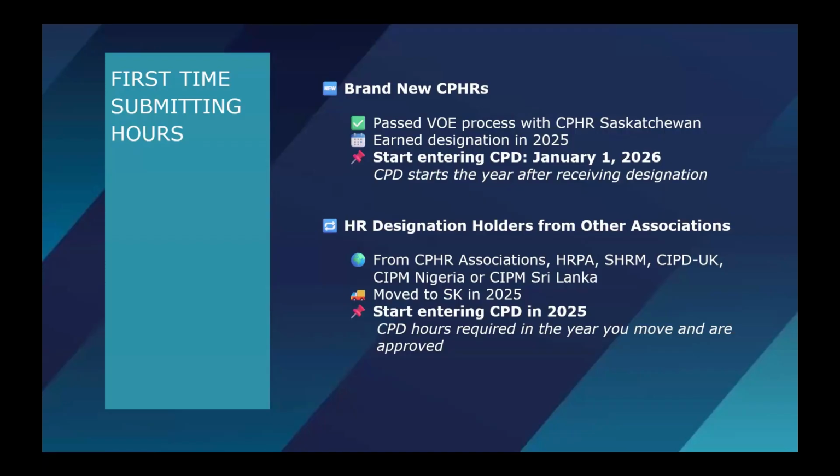If you came to CPHR Saskatchewan through another HR association, such as CPHR provincial associations, HRPA in Ontario, SHRM, CIPD in the UK, CIPM Nigeria, or CIPM Sri Lanka, and you moved to Saskatchewan in 2025, then you start submitting your hours in the year that you moved here.